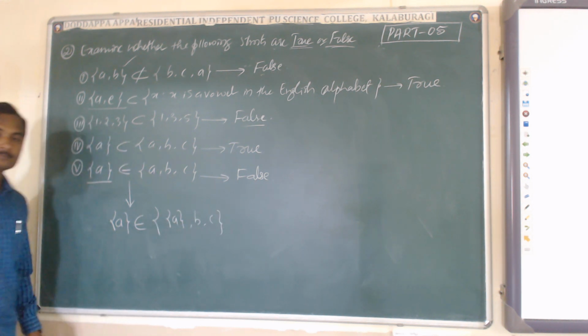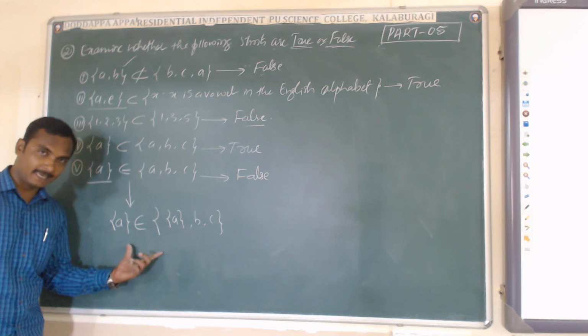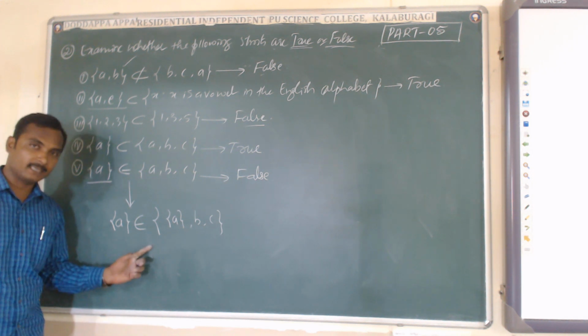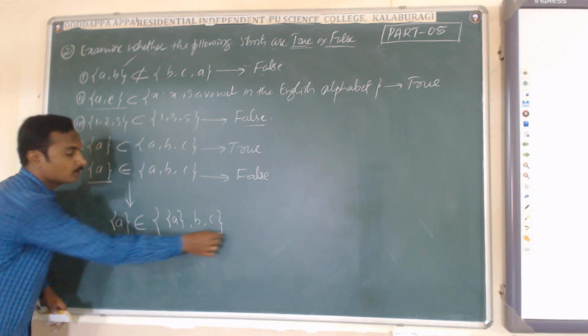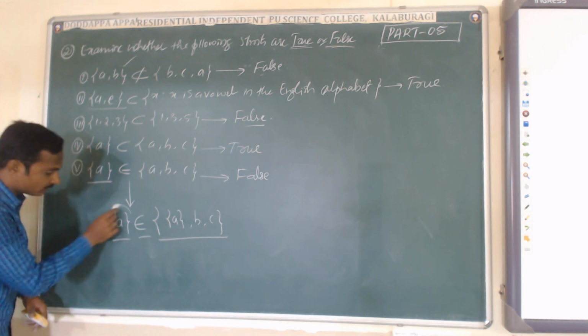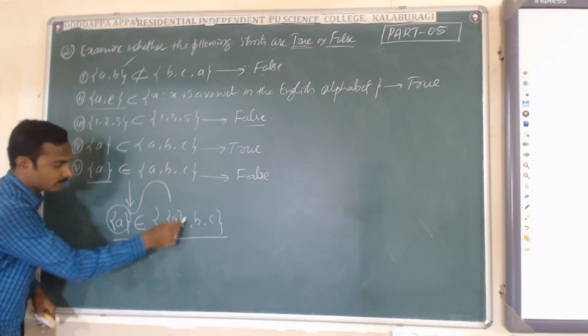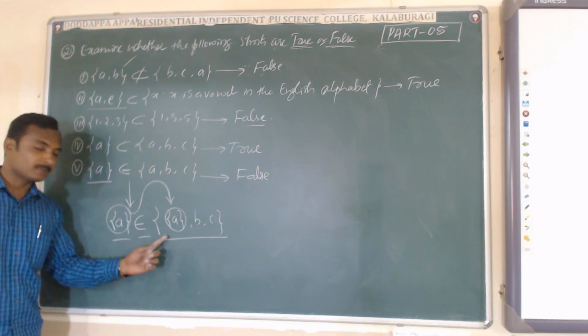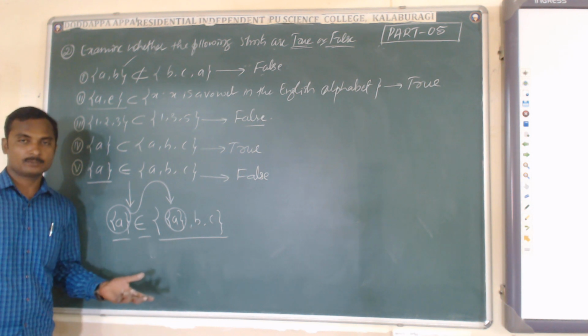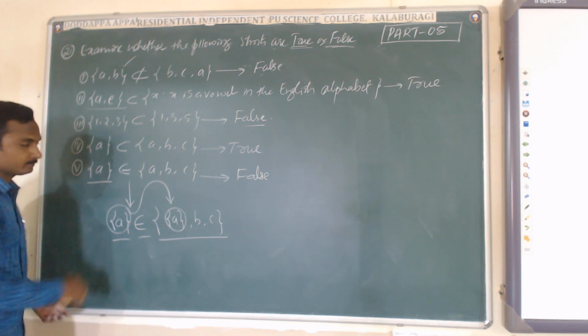If this is the case, then I can say that the set A belongs to this set, because you can observe the same set is present here as an element.